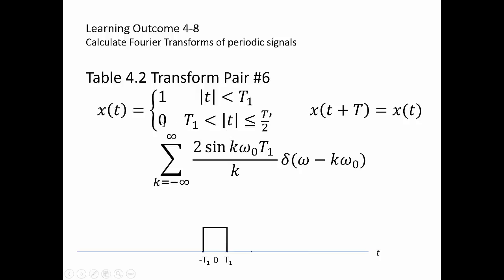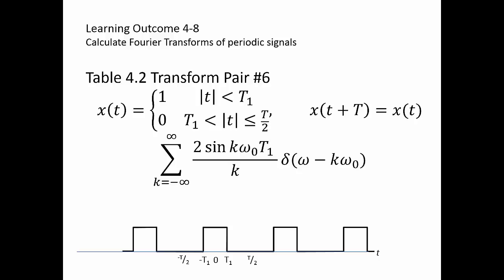Okay, we know we're going to have a value of 0 when t is between t1 and capital T over 2, and likewise for the negative, between negative t1 and negative T over 2. And because we know it's periodic, it's going to repeat itself. So all this is talking about is a rectangular pulse train.